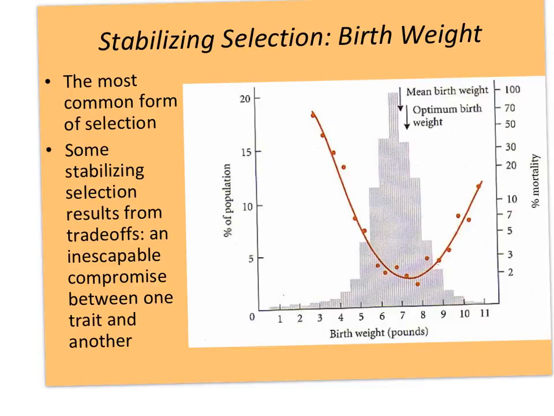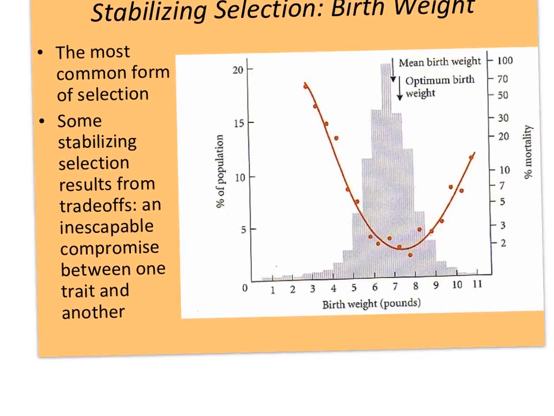Well, it turns out, if we look at this graph here, this is called stabilizing selection. Here's percent of the population, or mortality. So this bit is mortality. So you have high mortality in terms of low birth weight and high birth weight.